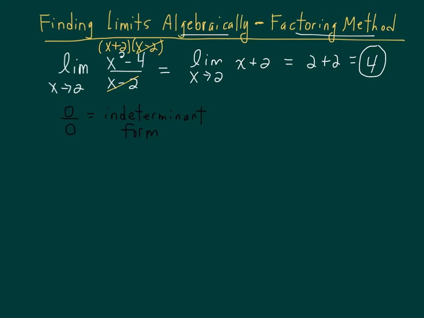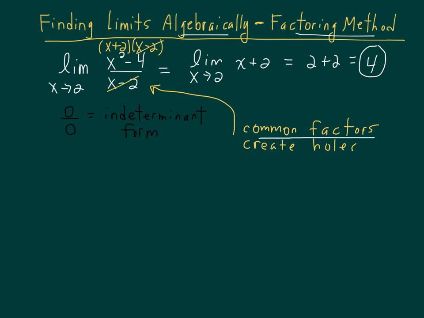Now, those common factors create what we call a hole. So let's jot that down. This is a really important point. Jot down that common factors create holes. So we have a common factor of x minus 2. If you take that common factor of x minus 2, set it equal to 0 and solve, you get x equals 2.